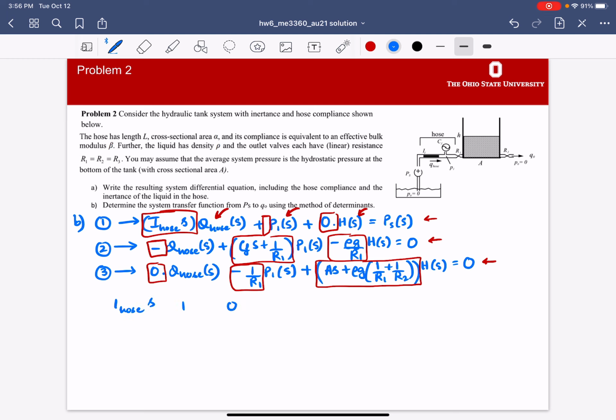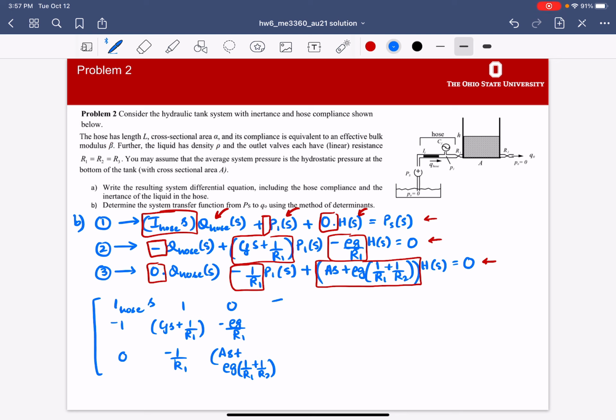S1, 0, minus 1, CFS plus 1 by R1, minus rho G R1, 0, 1 by R1 times CS plus rho G, right?